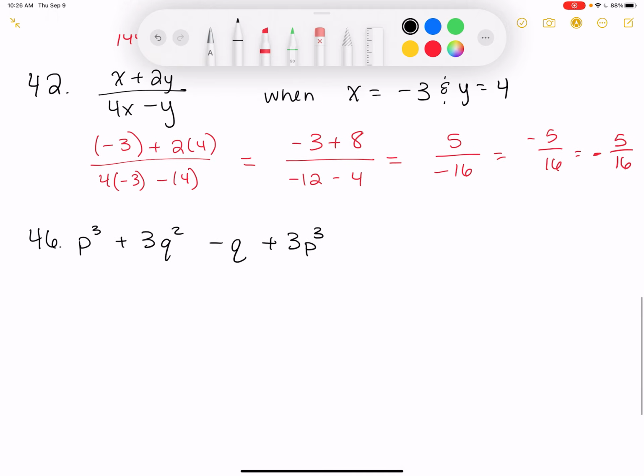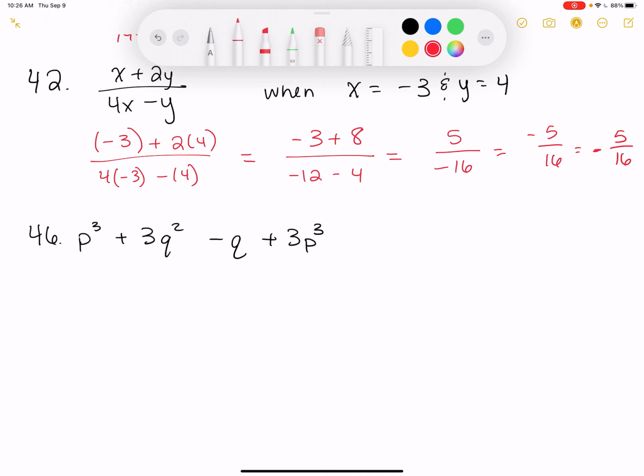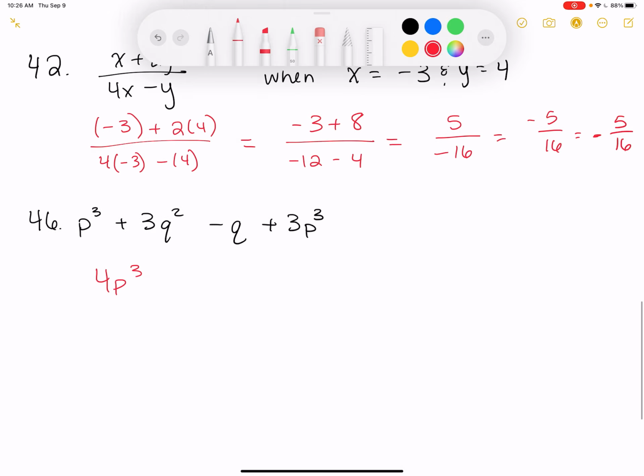So what would that give us? 4p cubed plus 3q squared minus q. It's okay.